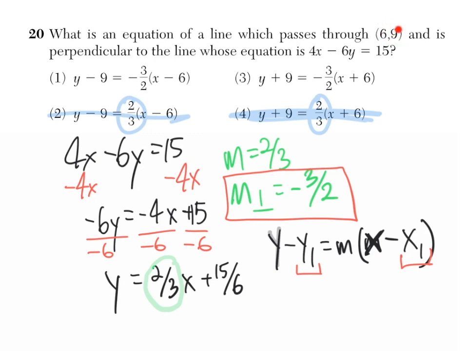So what would be the appropriate choice? I see here it's y minus 9, here it's y plus 9, here it's x minus 6, and x plus 6. Well, if these are positive values, we're going to be plugging them right into this equation. I know then it's got to be option number 1, and this, of course, is our answer.